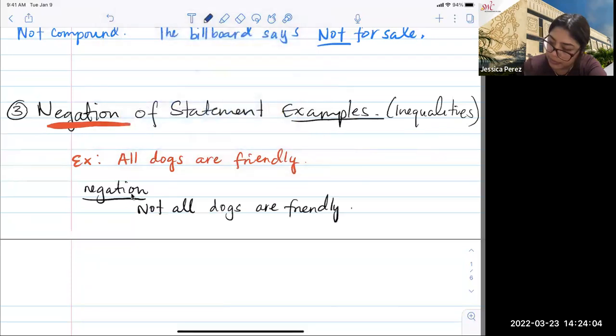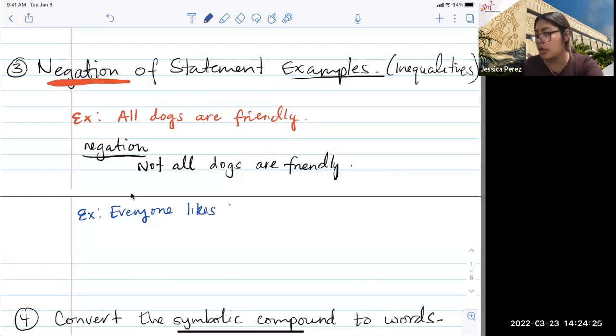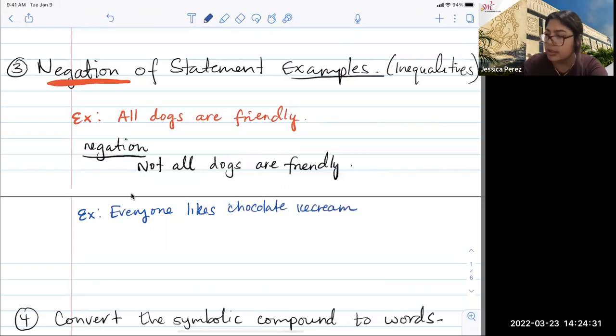Another example of negation: everyone likes ice cream, or everyone likes chocolate ice cream. What would be the negation of the statement?